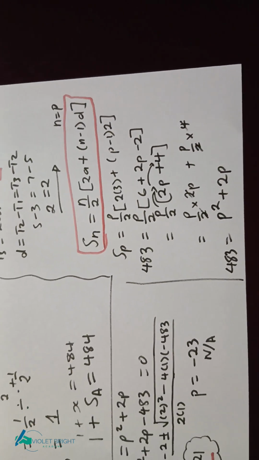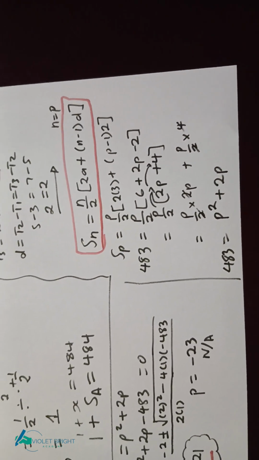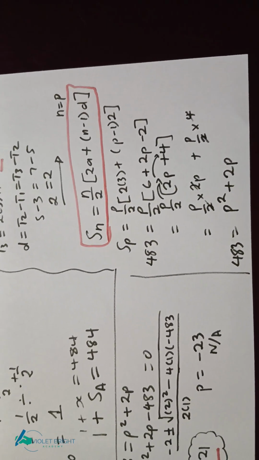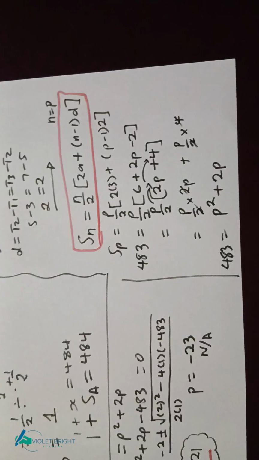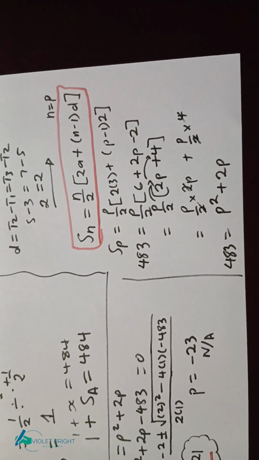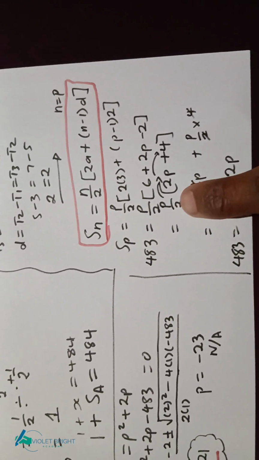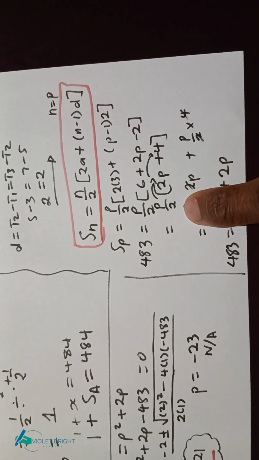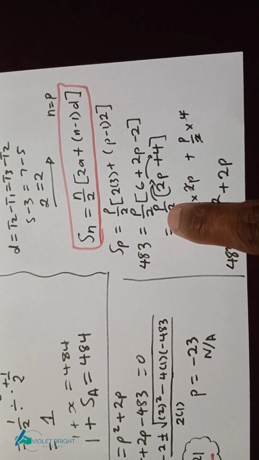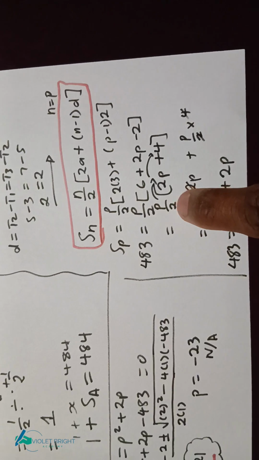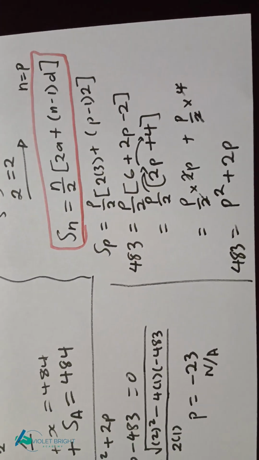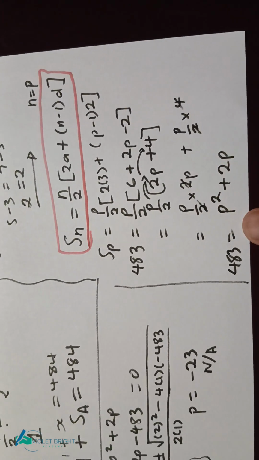So how do we deal with this? We can simply do factorization, or you can cross multiply, but I prefer factorizing first before cross multiplying. So p over 2 multiplied by 2p: half p times 2p, the half and the 2 cancel out, and we are left with p squared.